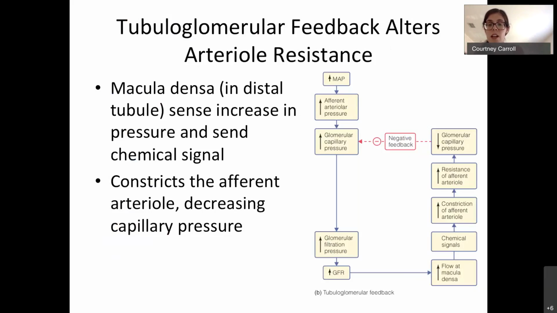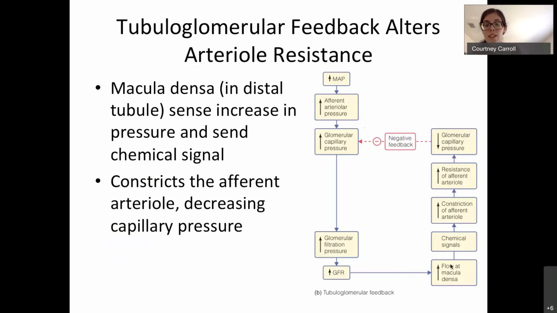Tubuloglomerular feedback. So that increase in arterial pressure is going to cause an increase in flow through the macula densa. Initially, if we are sending more blood through our afferent arteriole, we're going to have a slight increase in GFR, which is bad. We don't want that. But that increase in GFR will lead temporarily to an increase in flow through the tubule.